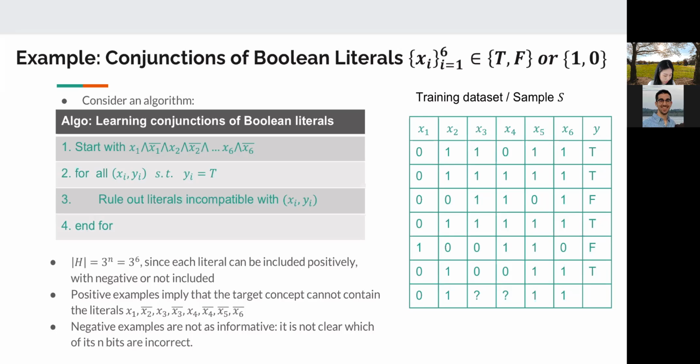Of course, I could use x1 through xn, but let's use x1 through x6 because it's easier for illustration purposes. They're Boolean, so they can take values true or false, or sometimes 1 or 0, but it's just true and false.